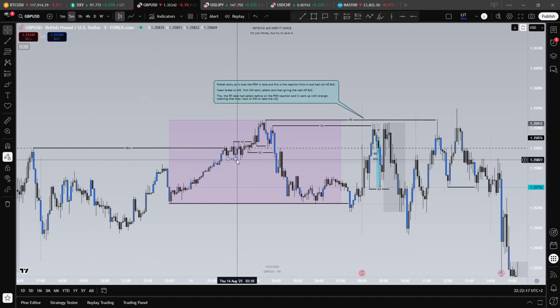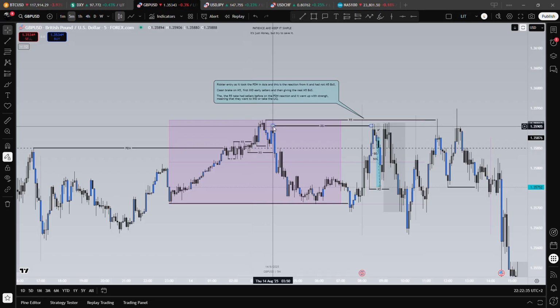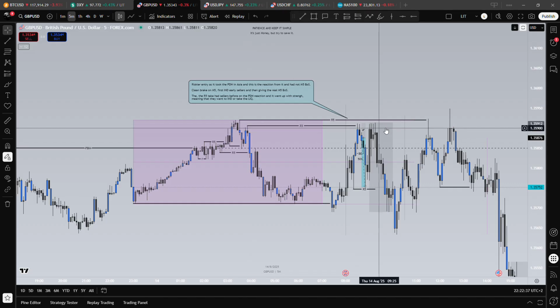I had conviction, which is the most important thing for me. And well, you can see a lot of things here. Previous daily high, fake break to the downside. Here we have the break of structure to the upside and relevant liquidity on M5. This is the low that creates this relevant liquidity, and here we have the break of structure. The break of structure is created by this high, but the other relevant liquidity is taken by this relevant liquidity.